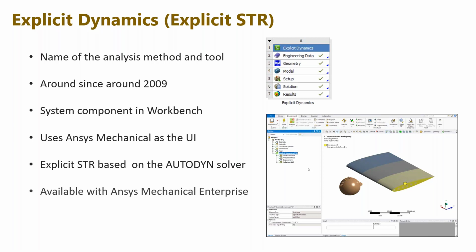It is a system component in Workbench. As I said, it uses the Ansys Mechanical interface for pre and post processing. The solver is based on the Autodyn solver. If anyone's familiar with that solver, it is one of the best solvers out there for any sort of blast simulation. And one of the great things about explicit dynamics is that it comes along with Ansys Mechanical Enterprise and all the benefits of that particular package.